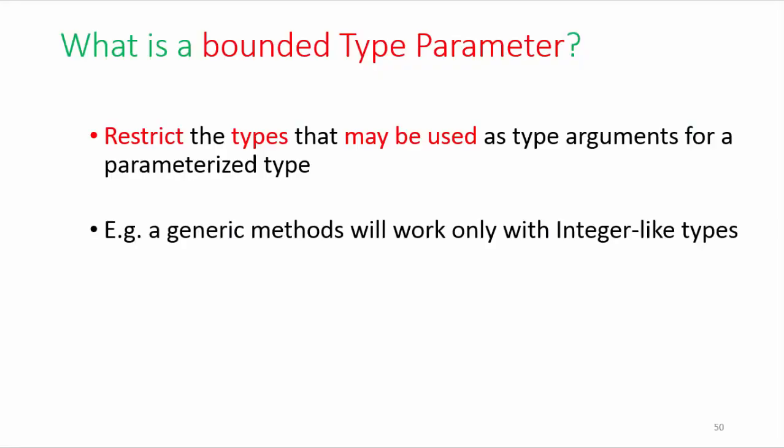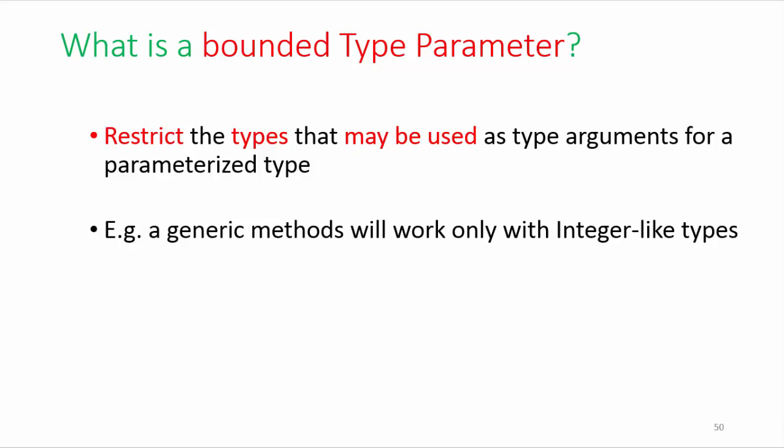So first question, what is a bounded type parameter? It's a syntax that allows you to restrict the types that may be used as type argument for any given parameterized type. So for example, you have a generic method. This generic method takes a parameterized type T, so a type parameter T, sorry.